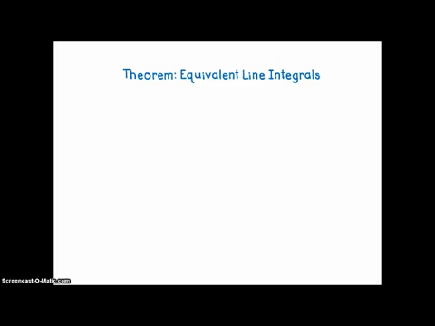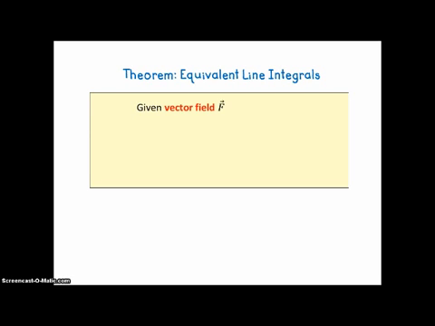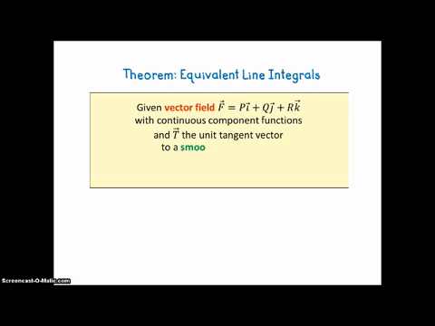So now we have a theorem that will make the computation easier. Given vector field F equals Pi plus Qj plus Rk with continuous component functions, and T the unit tangent vector to a smooth curve C, then we don't have to reinvent the wheel each time with a difficult integral.